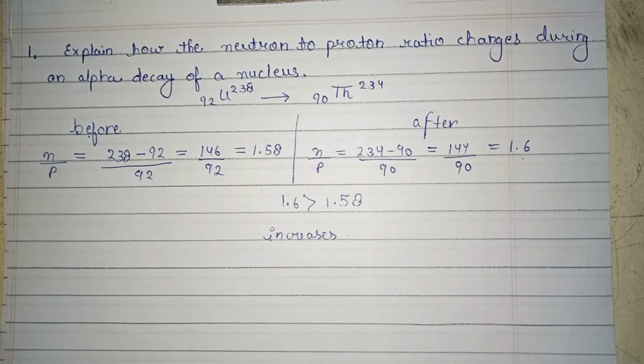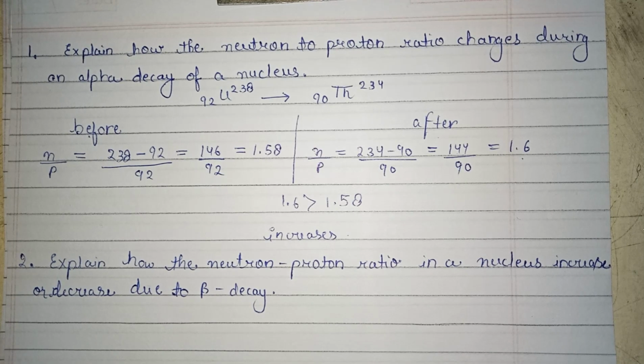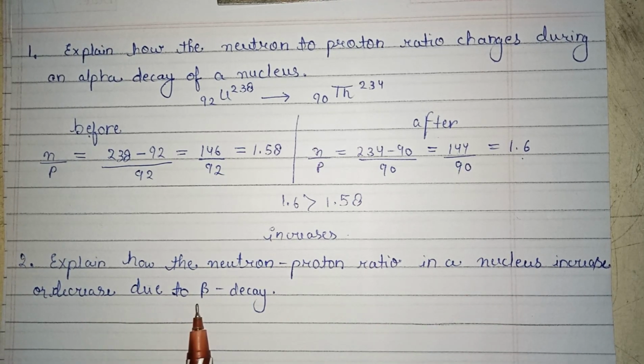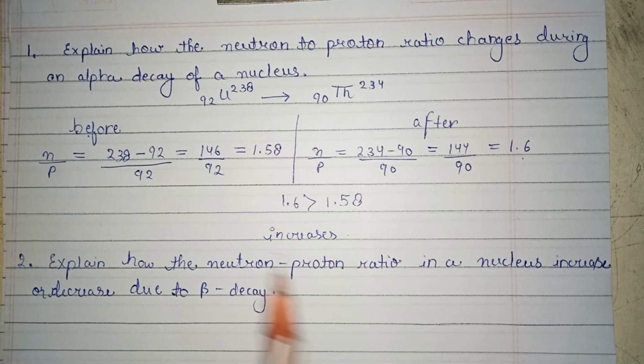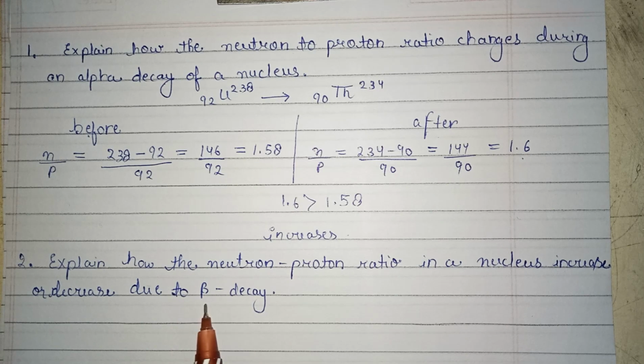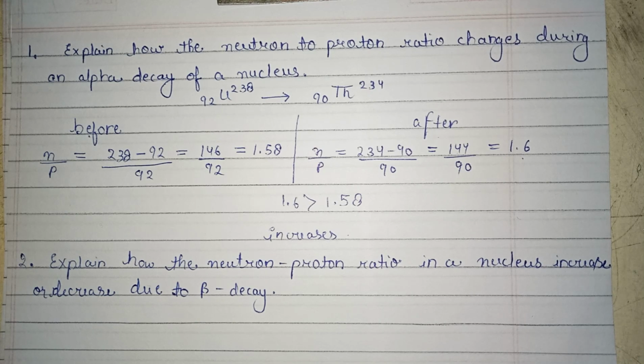Moving to the next question. Question number 2 says, explain whether the neutron to proton ratio in a nucleus increases or decreases due to beta decay. In the first question we discussed alpha decay. In this question we will discuss beta decay. In beta decay we know that the atomic number increases by 1 and the mass number remains the same.